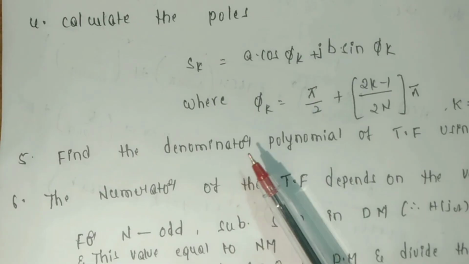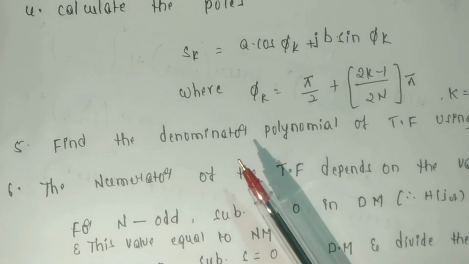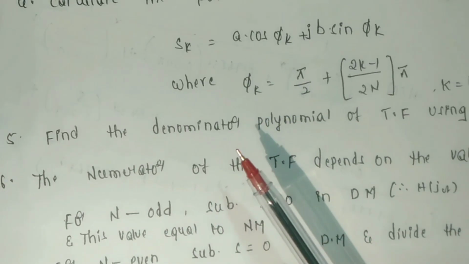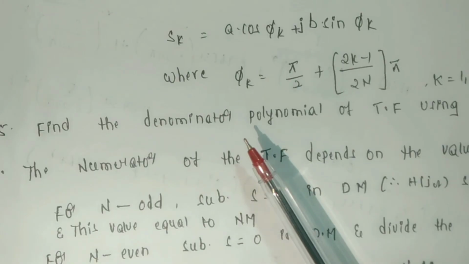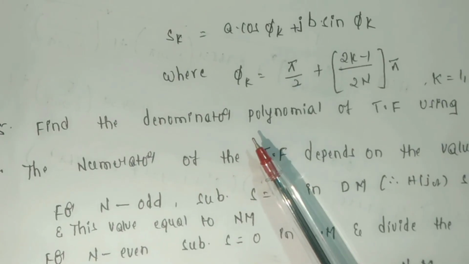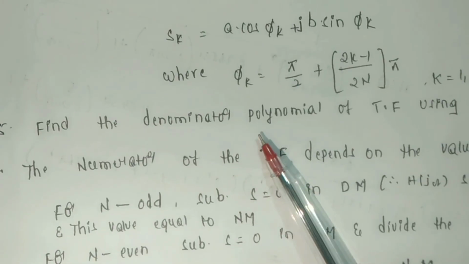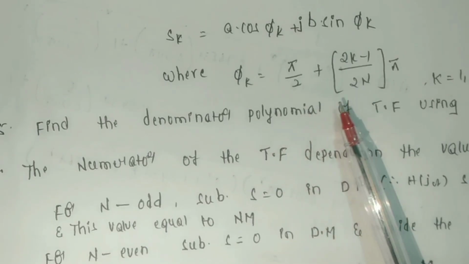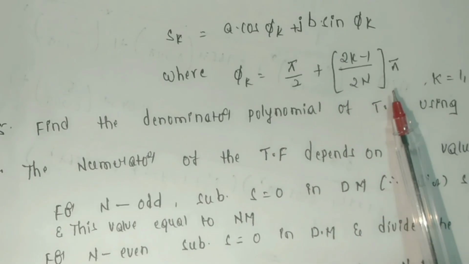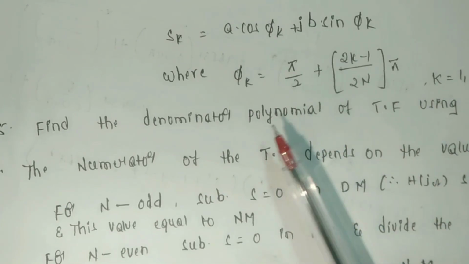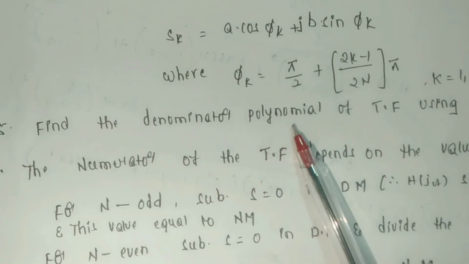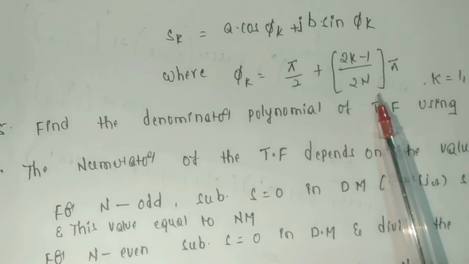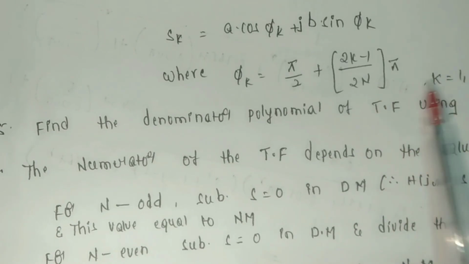The transfer function H of s is nothing but a numerator by denominator. First we will describe the denominator polynomial of the transfer function. The formula for the denominator is (s minus s1) into (s minus s2) into (s minus s3) and so on. Once again I am repeating: s minus s1 into s minus s2 into s minus s3 and so on.